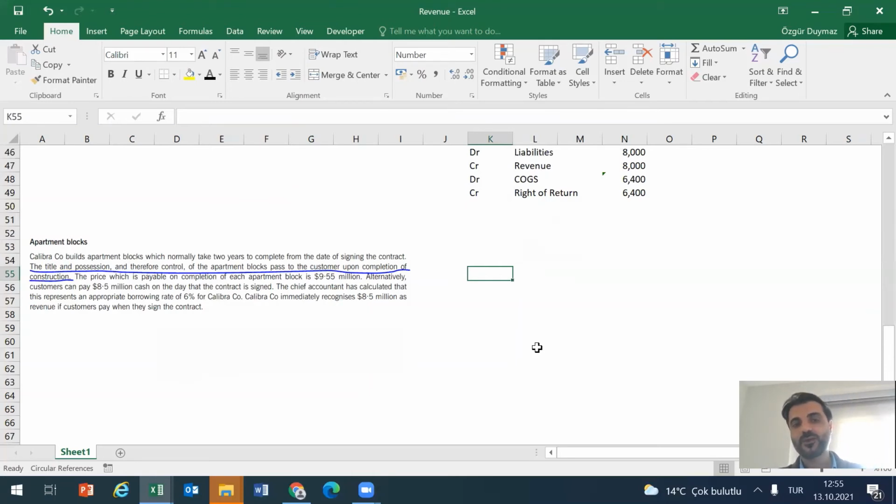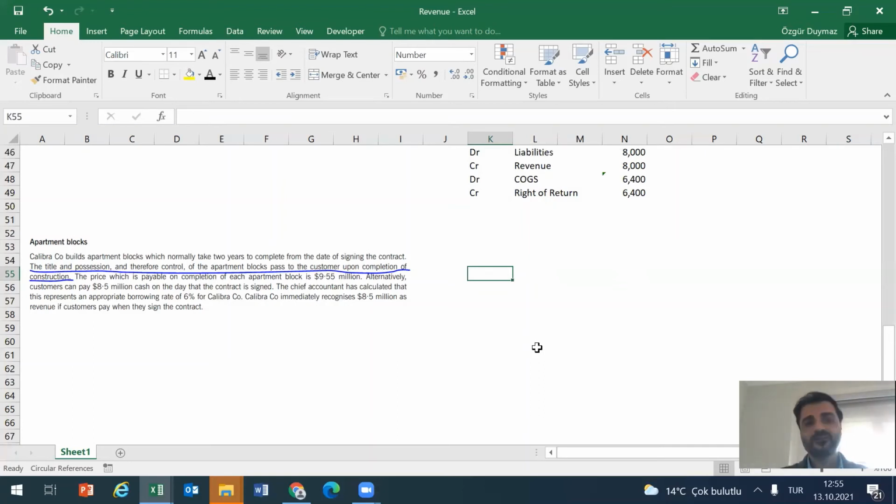You have a right to pay 8.5 million as cash at the beginning of the construction, and you will wait the 2 years of the completion period, then you will have a right to control the asset.